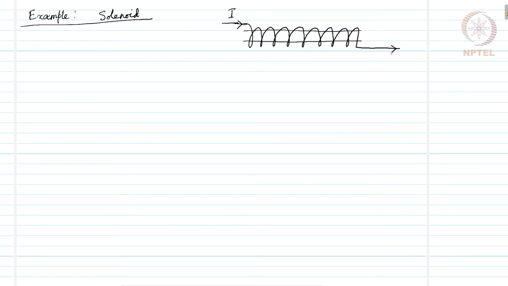For this kind of system, consider that a steady current I is flowing on this wire, and there are n closely wound turns per unit length of the solenoid.